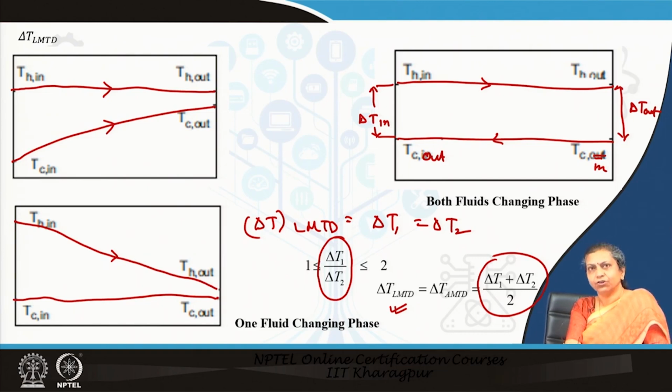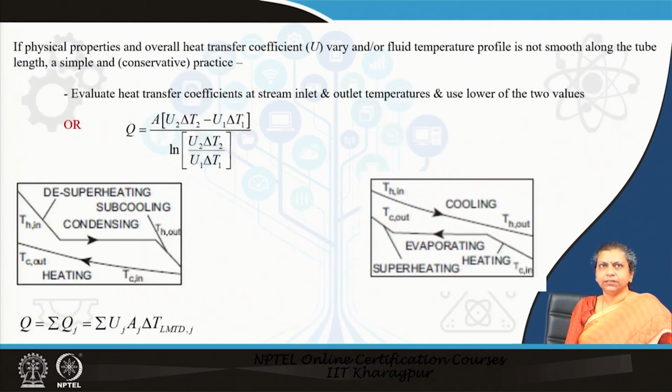You can work it out yourself and find out that the error is less than 4%. Normally, delta T LMTD is less than delta T arithmetic mean, but for this case we can take up this assumption, and this gives us a much simpler approach.